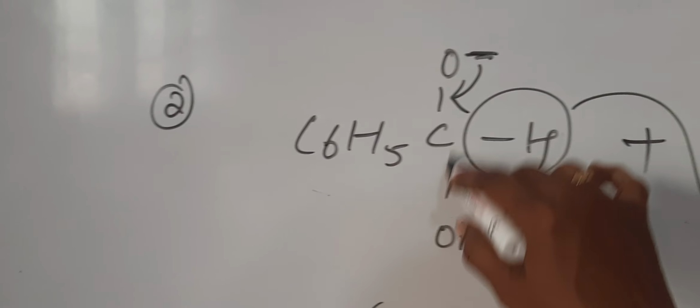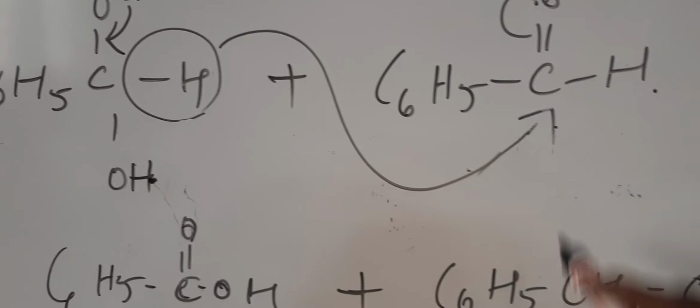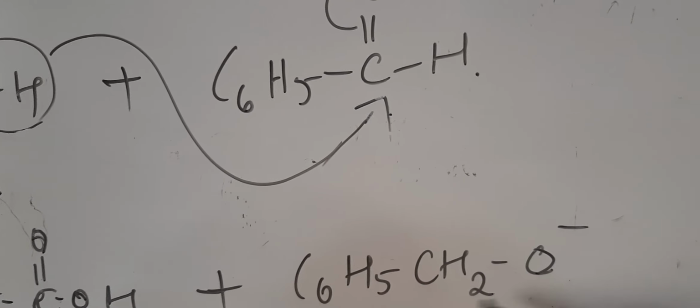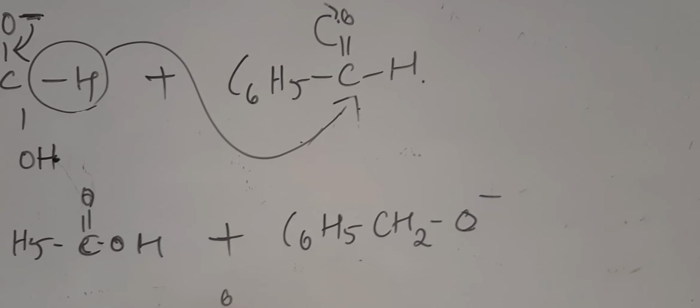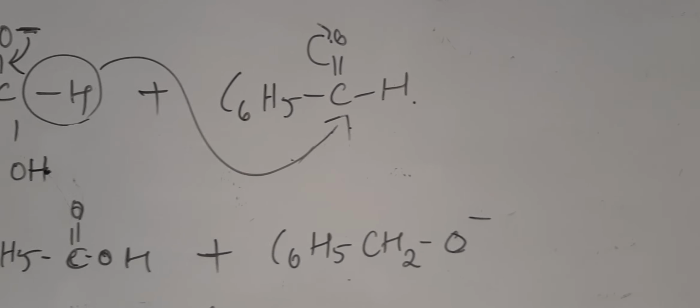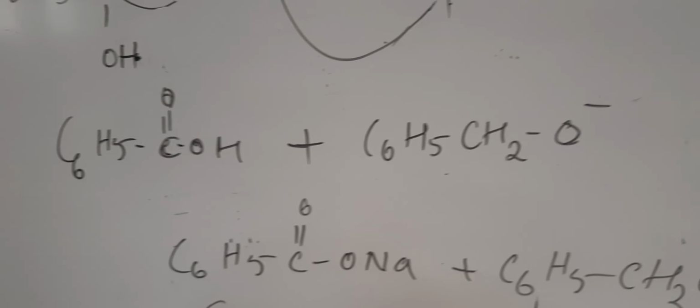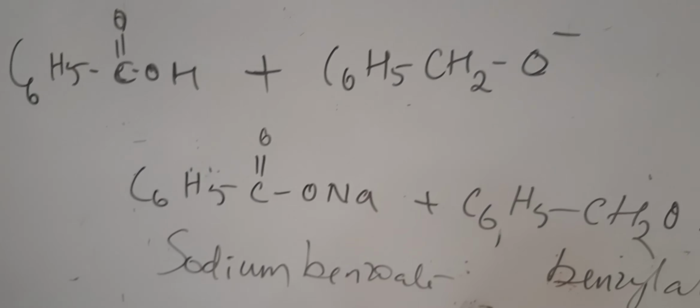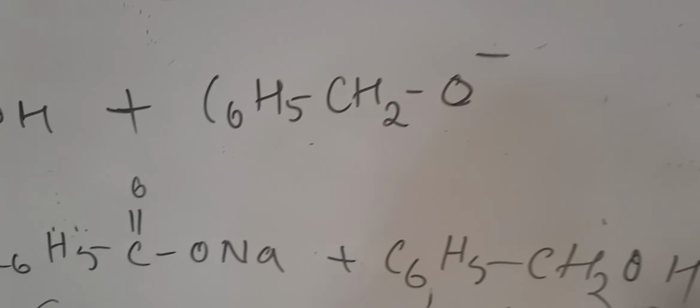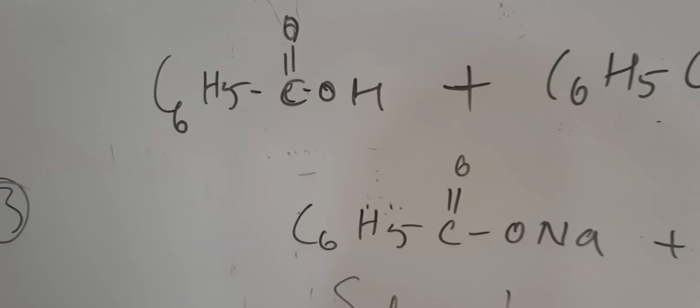So one molecule becomes benzoic acid and another the alkoxide of benzyl alcohol. Then proton shifting occurs to form benzyl alcohol and then the sodium salt of benzoic acid.